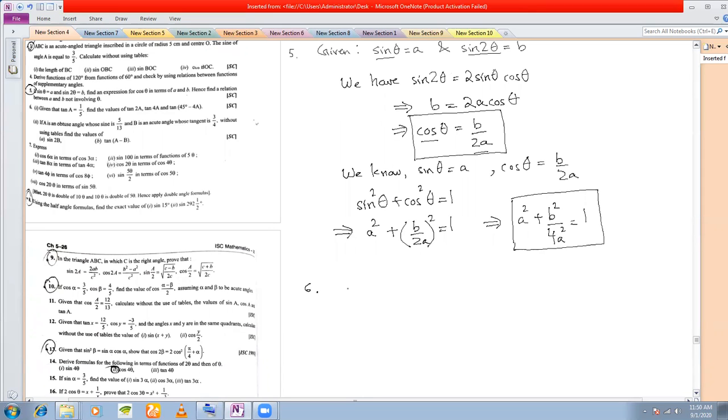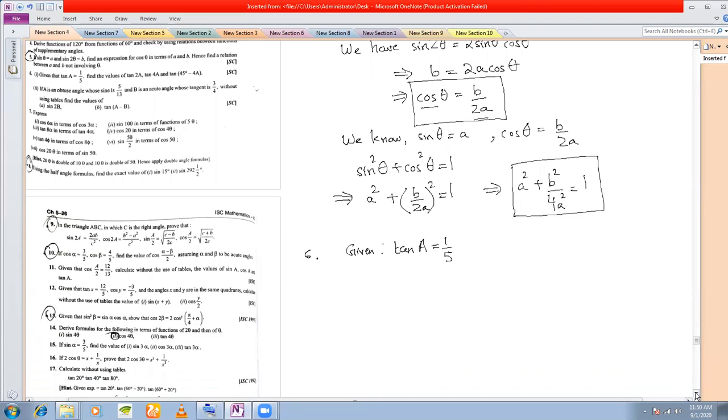Given that tan A is equal to 1 by 5, find the values of tan 2A, tan 4A and tan 45 minus 4A. So given here is tan A equal to 1 by 5. You need to find out the value of tan 2A. Given tan A, can we find the value of tan 2A?